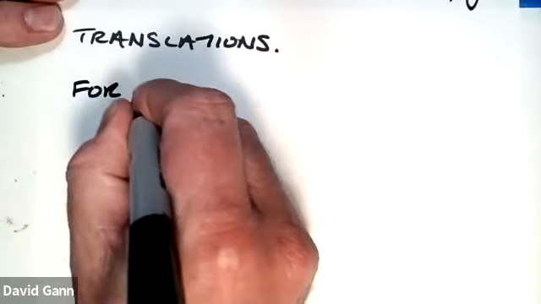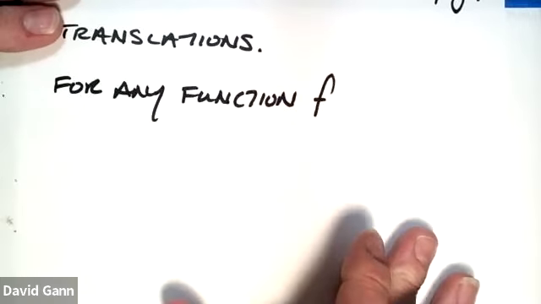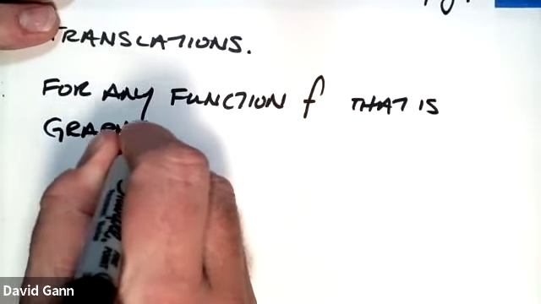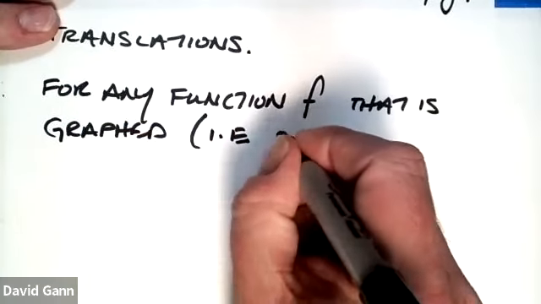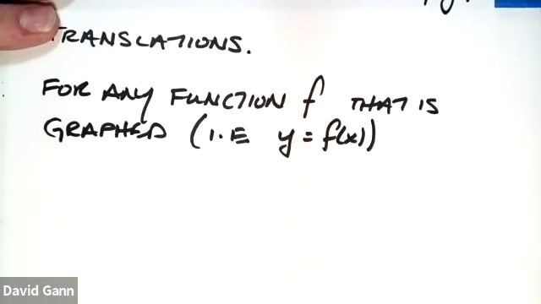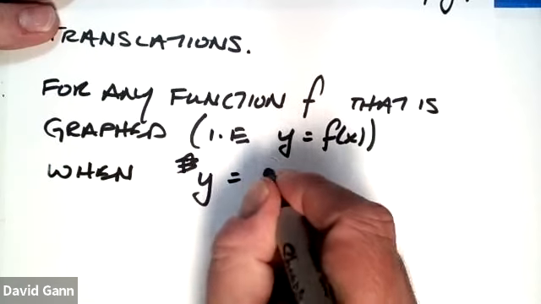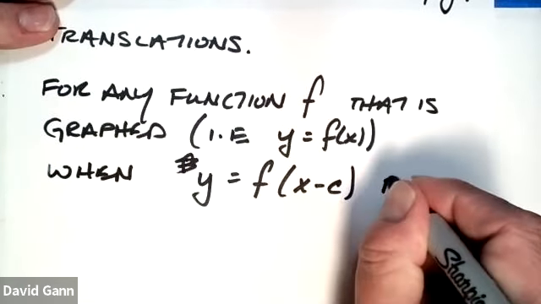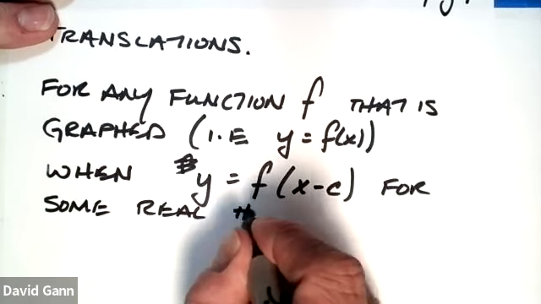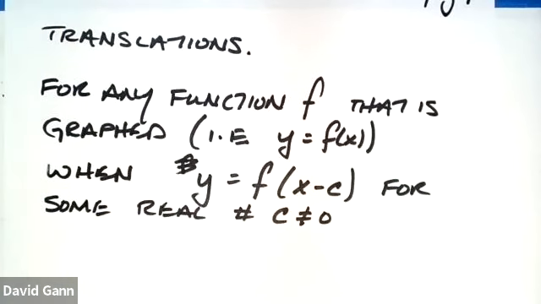So let me just make a statement here. For any function f that is graphed, so that is y equals f of x, when y is equal to f of x minus c for some real number c, not equal to 0, because if it's 0, it really is no different than f of x.